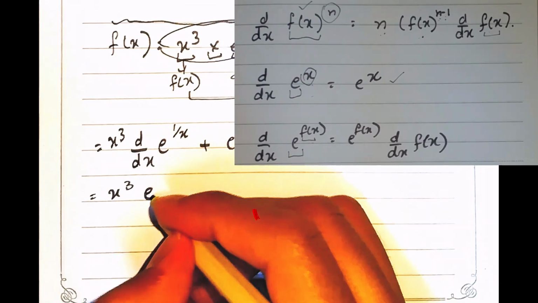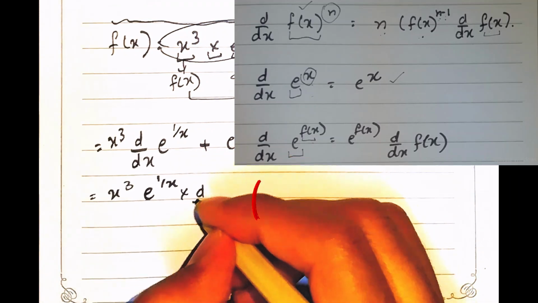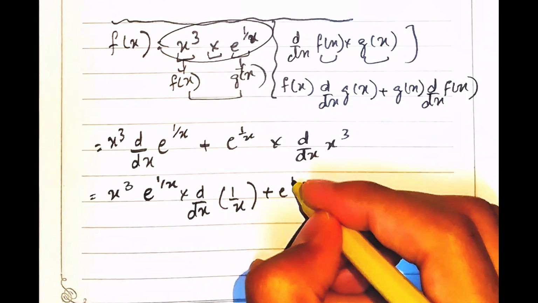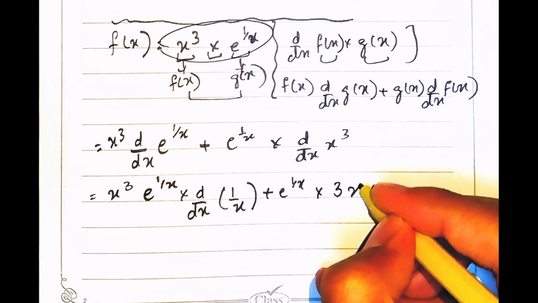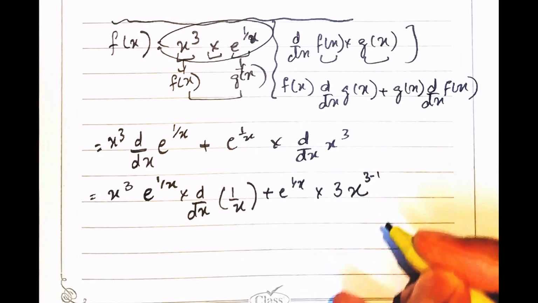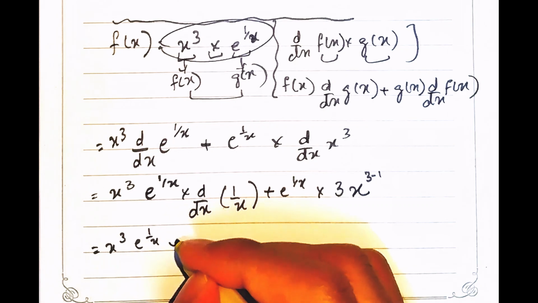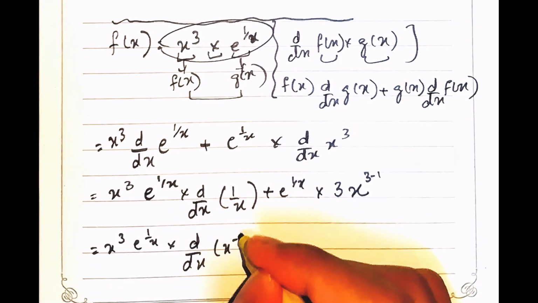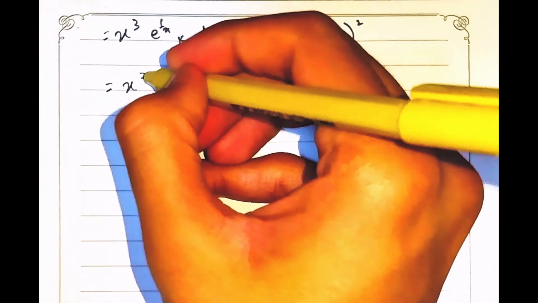So e^(1/x), according to the rule, is multiplied by the derivative of this function 1/x, plus e^(1/x) multiplied by the function as it is, power minus 1. Then we have x^3 e^(1/x) multiplied by, over here we can write it as x^(−1), plus e^(1/x) times 3x^2. Let's just continue solving it.